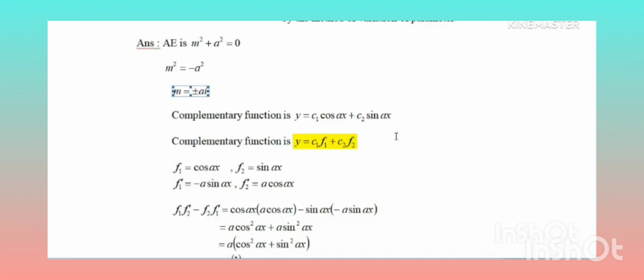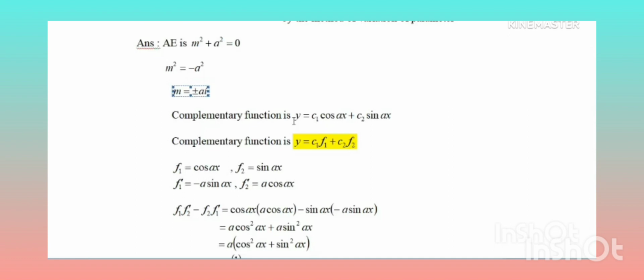If the roots are complex numbers, you know how to write the complementary function: y is equal to e power alpha x, a cos beta x plus b sin beta x.